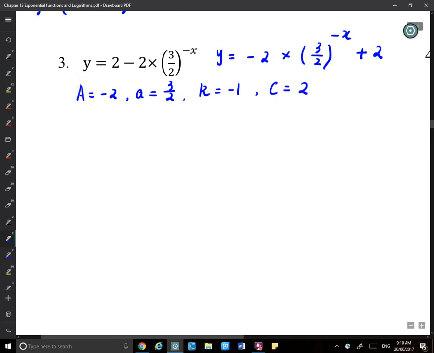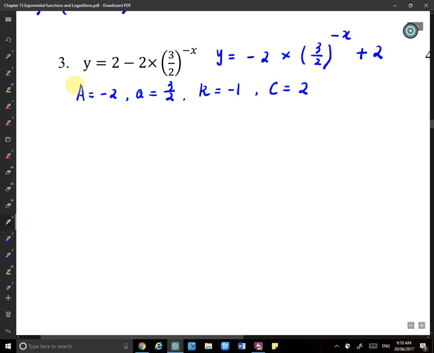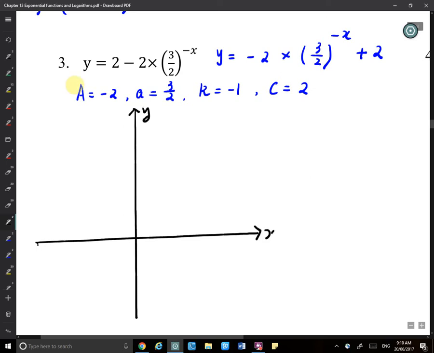And you have your C equals 2. So 2 is my asymptote, y equals 2.